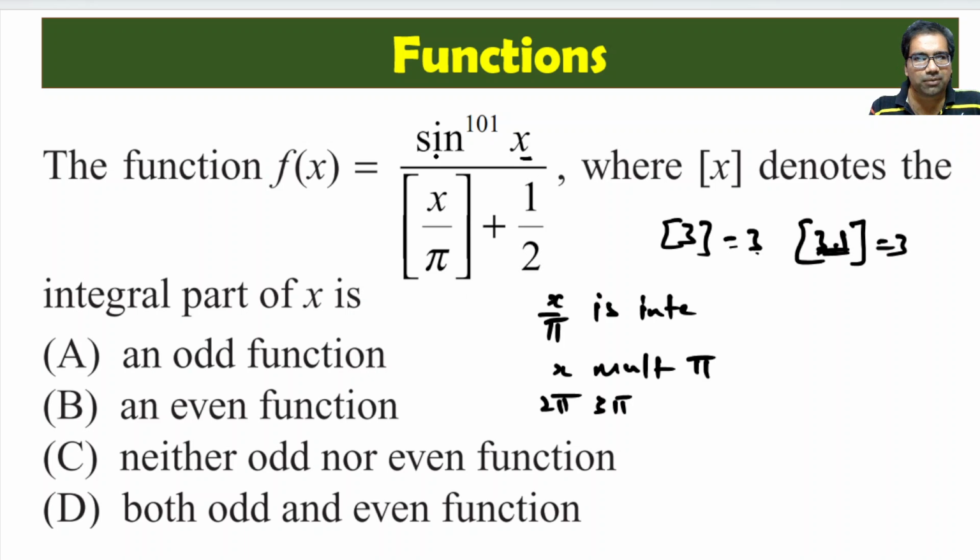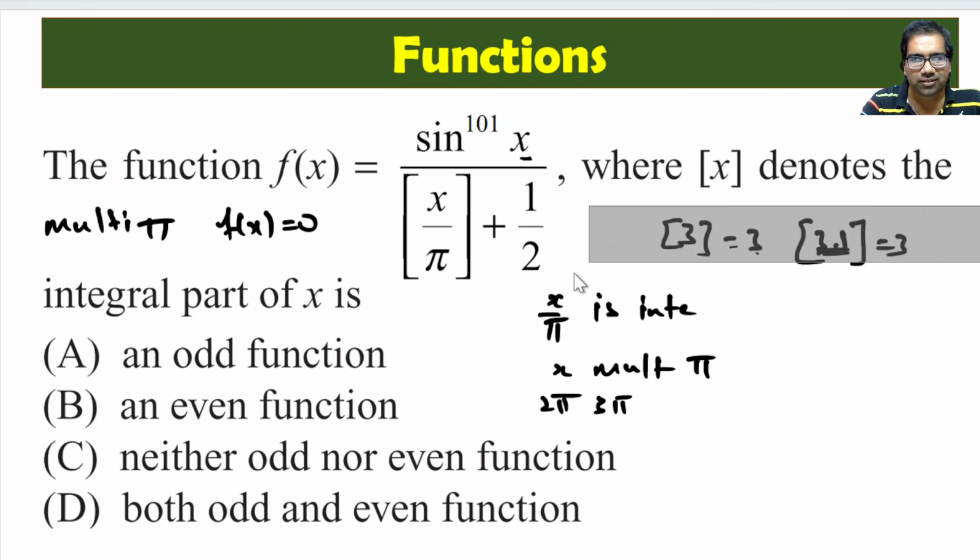Whenever x is a multiple of pi, the numerator is automatically 0. Sin pi, sin 2 pi, sin 3 pi, sin 4 pi, these are all zeros, right? Whenever x is a multiple of pi, then this f of x is equal to 0. Okay, so now one thing we are sure, whenever it is a multiple of pi, f of x equals 0.